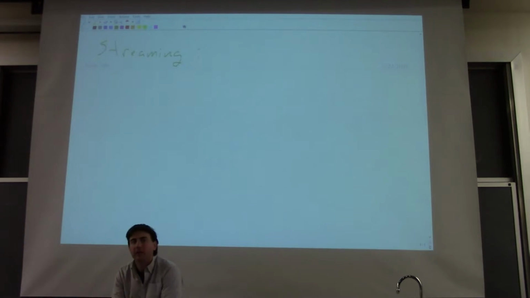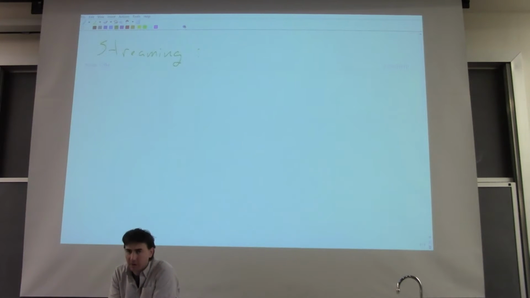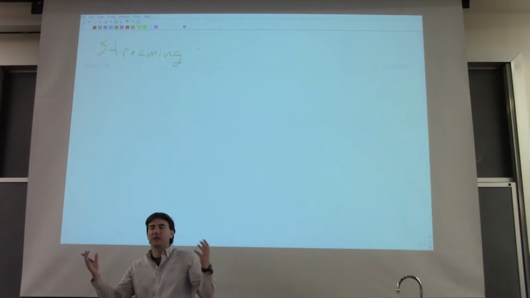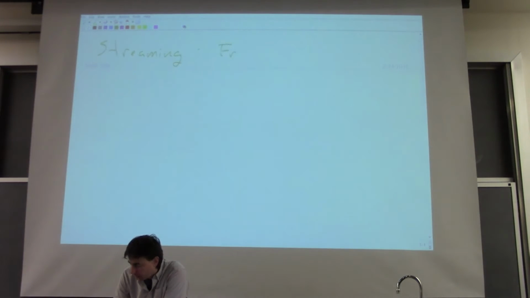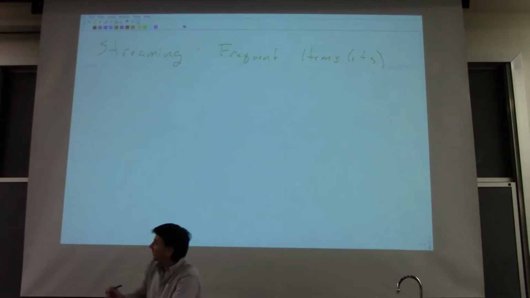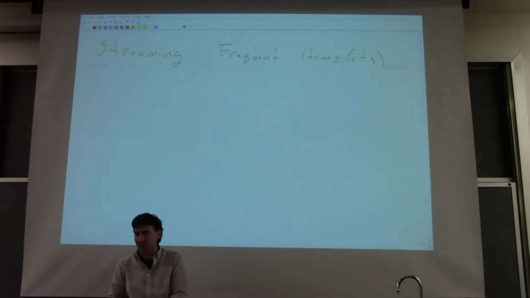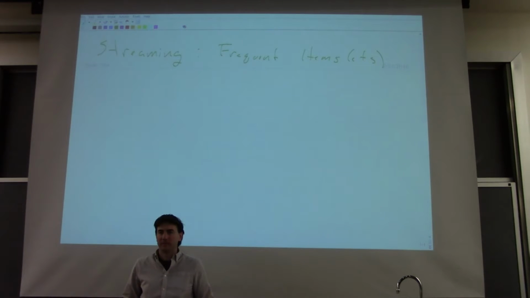We're going to talk about variations on frequent items again, but we're going to change it in a few ways: frequent items and frequent item sets as well. Also, if we have time, we'll talk about finding collisions with Bloom filters.